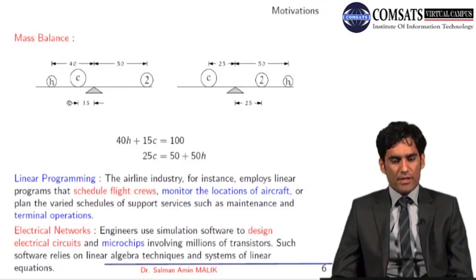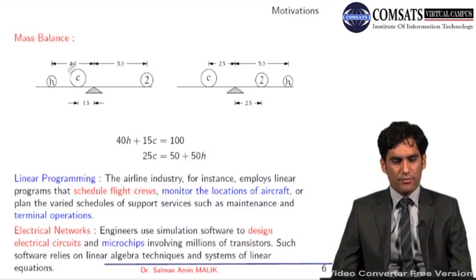So the rod will be balanced by this. For this figure we have this linear equation, which is 40h. 40 is the distance of this object h from the wedge to the center of gravity, and h is supposed to be the mass of the object.